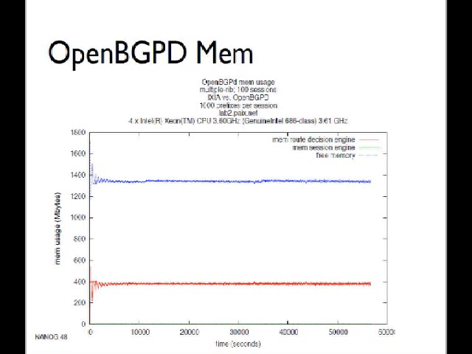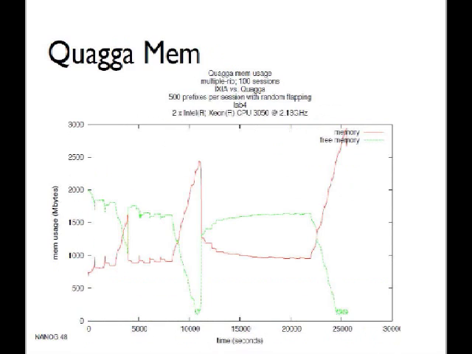Quagga, this is where you can really start to see the difference between Quagga and the others. You get flaps, it starts using memory, then all of a sudden it frees a bunch of memory, then it comes back, and then the cycle of death, and you're done. So this is a pretty typical Quagga. You saw the CPU graph earlier.